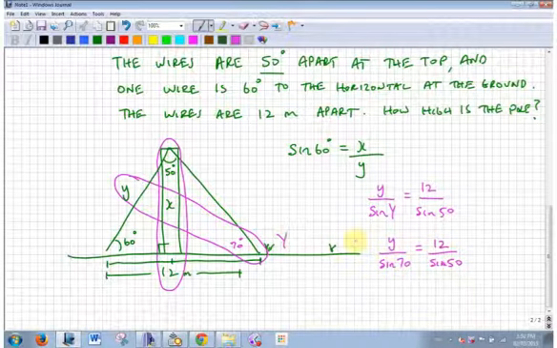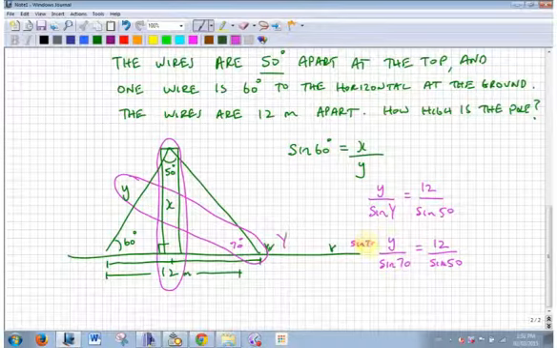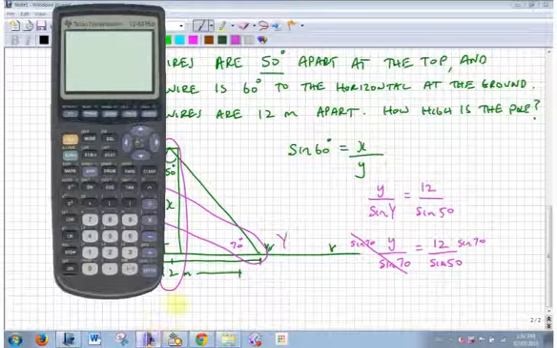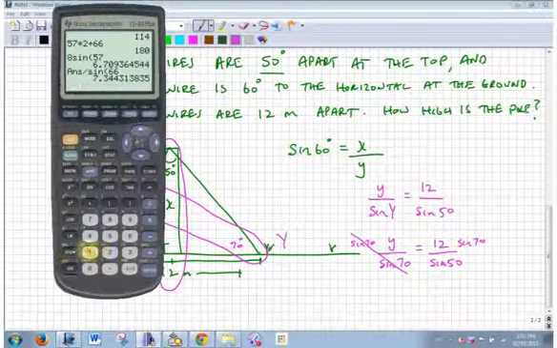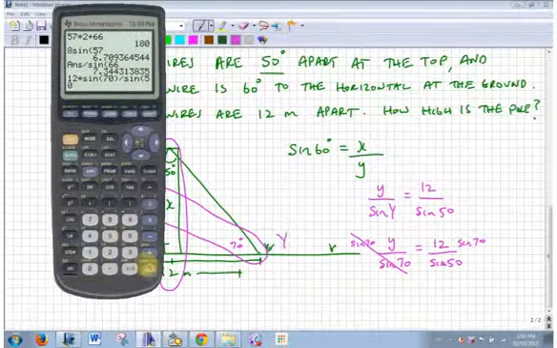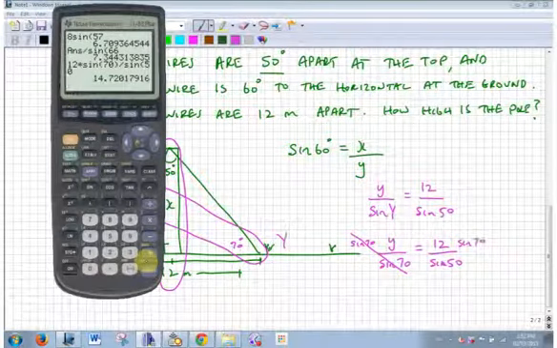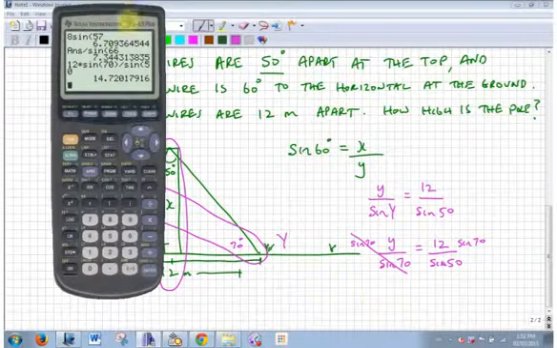Times both sides by sine 70. That's gone, and y is 12 times sine 70, close the bracket, then you can divide. 14.7. Look reasonable?